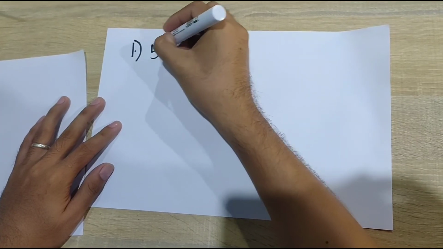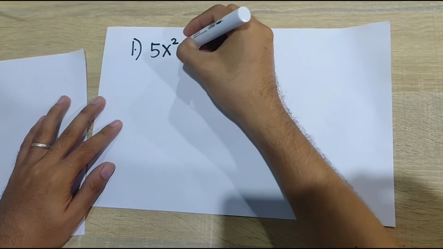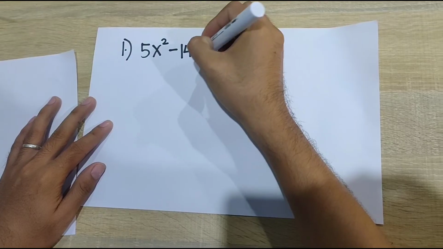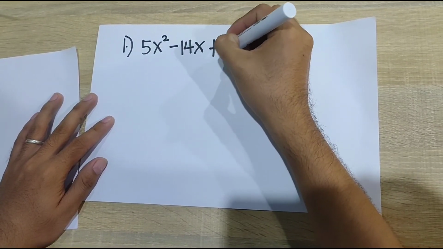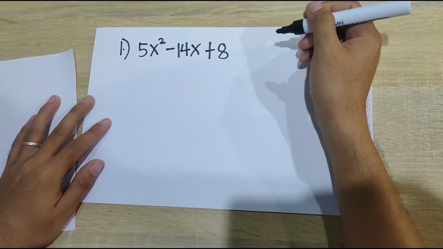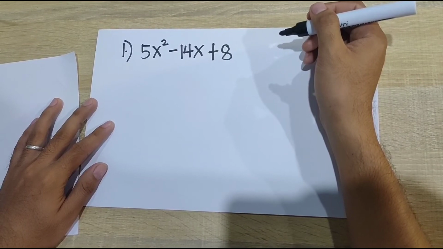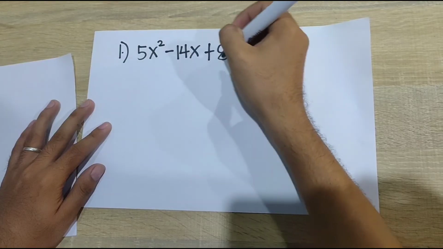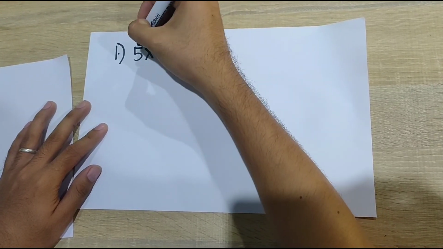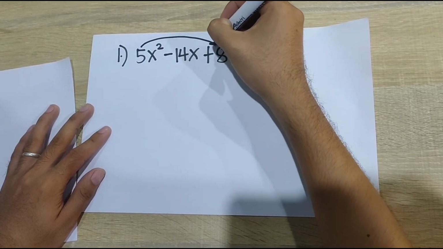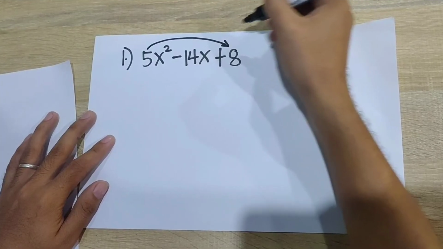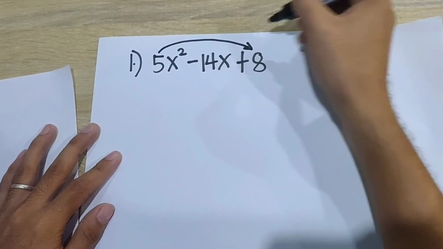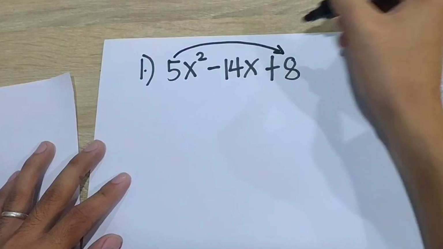We have 5x squared minus 14x plus 8. So, meron tayong 5 na numerical coefficient for the first term. So, ganito lang yung step natin. So, yung numerical coefficient na yon will be multiplied to the number in the last term.